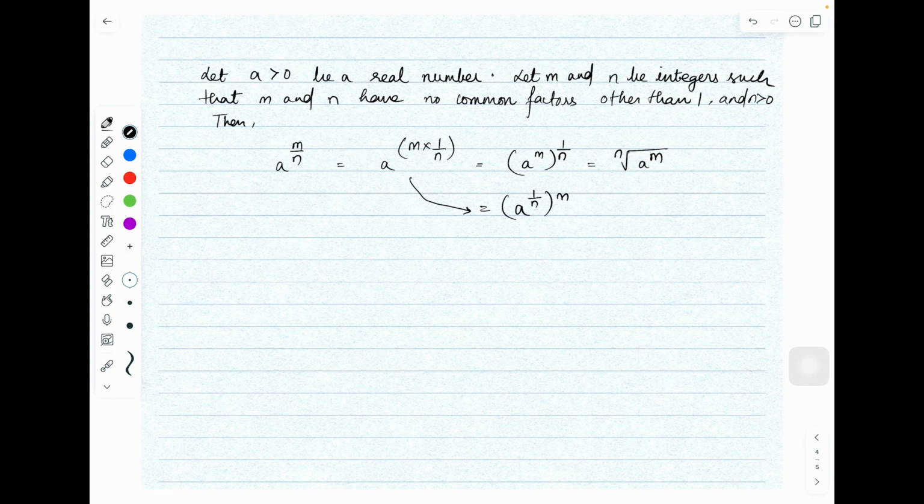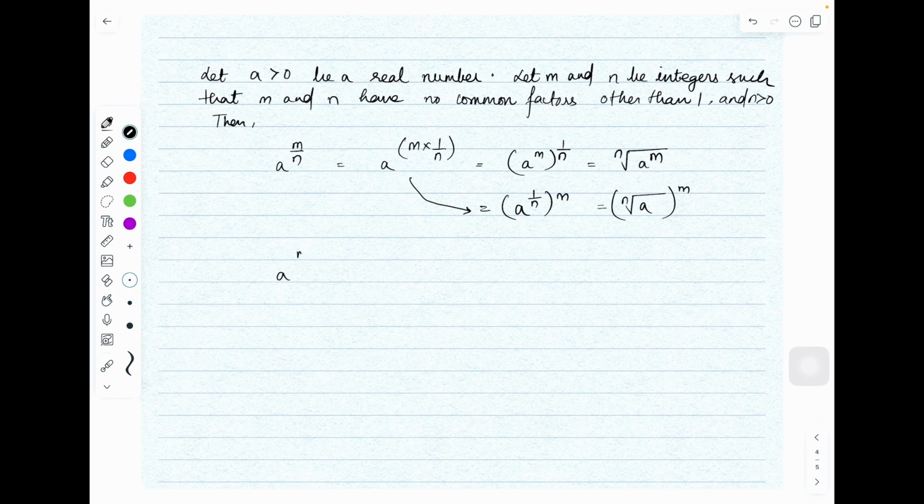Now a to the power 1 by n means nth root of a, then its whole to the power m. So these both are the same.